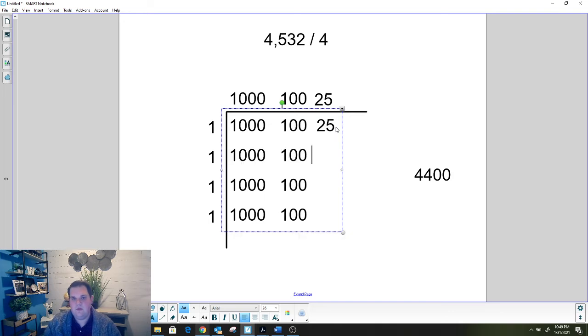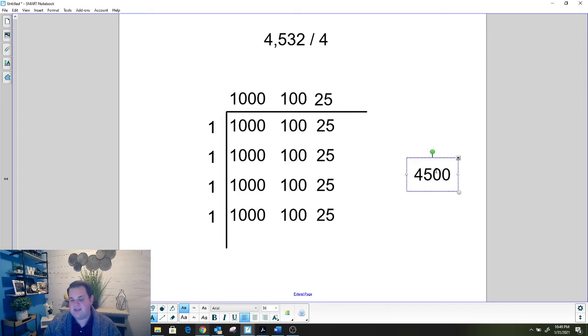And once I have 25 in my array, that's 100 more. So that takes me to 4,500. Now I need 32 more put in my array. And I know 8 times 4 is 32.